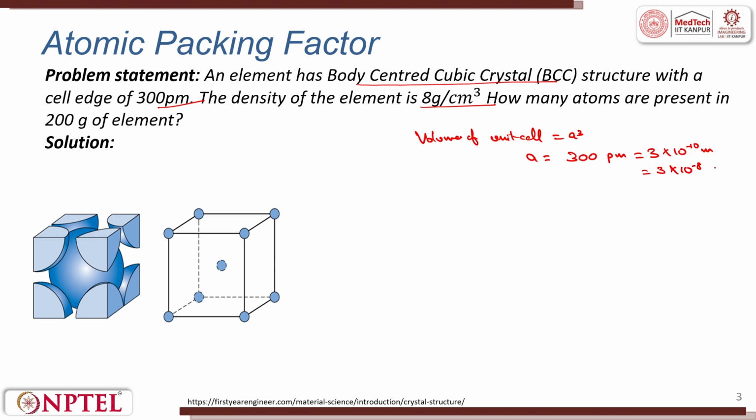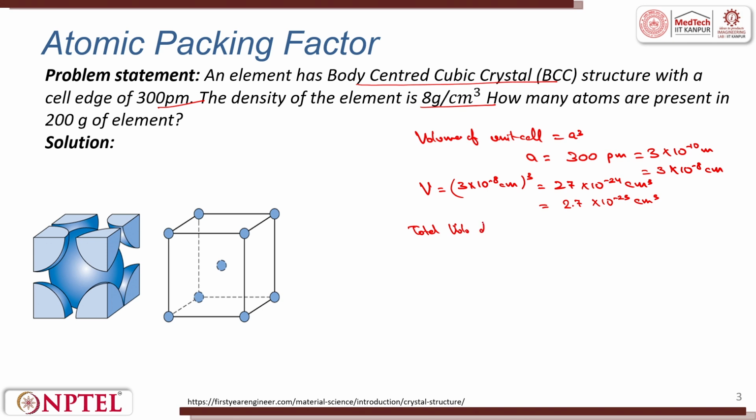This is equal to 3 into 10 raised to power minus 8 centimeters, which gives me the volume as 3 into 10 raised to power minus 8 centimeter, cubed. 3 cube is 27, and 10 raised to power minus 8 cubed goes as 10 raised to power minus 24 centimeter cube, or I can put it as 2.7 into 10 raised to power minus 23 centimeter cube. This is my volume.